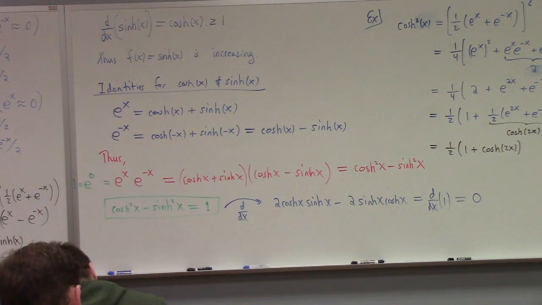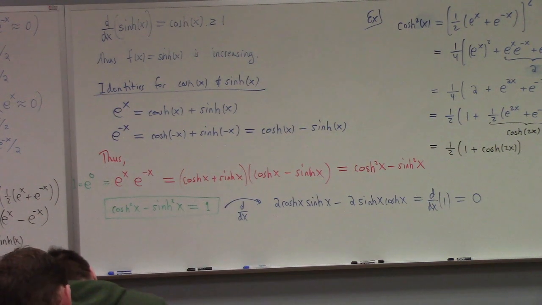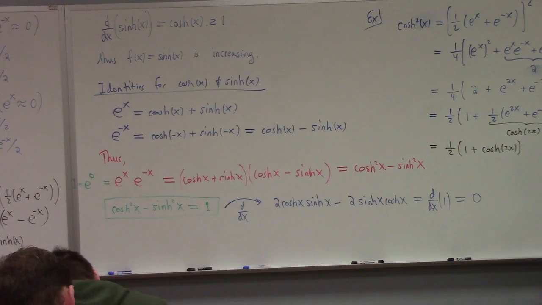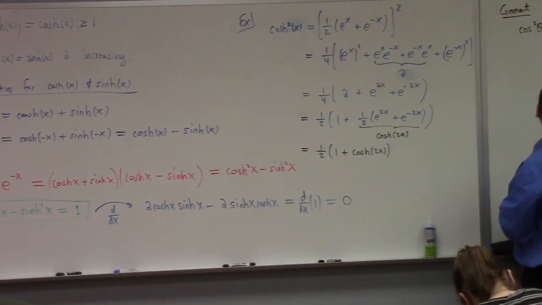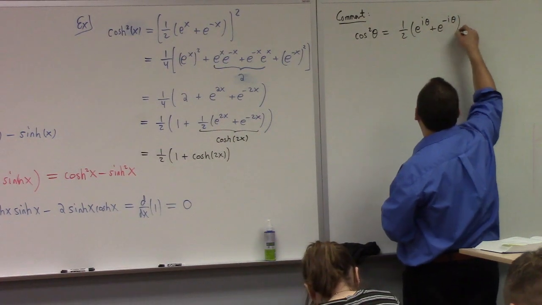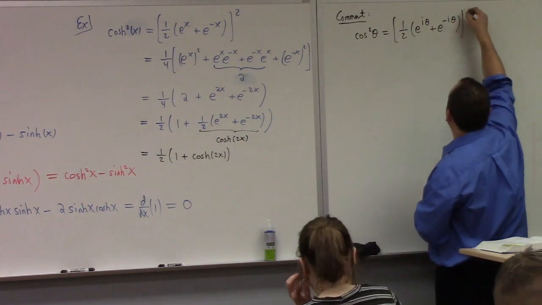Essentially, the same calculation with imaginary exponentials shows that cosine squared theta is equal to 1/2 of 1 plus cosine 2 theta. Just a comment. If you look at cosine squared theta as 1/2 e to the i theta plus e to the minus i theta, you do essentially the same algebra.